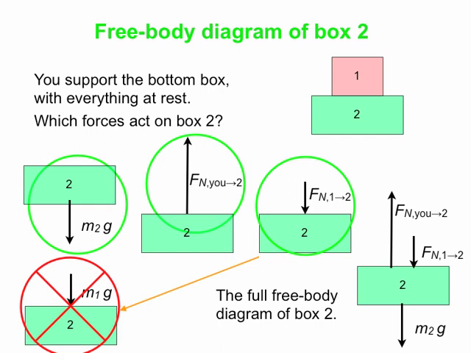Turns out that, again, the total upward force applied by you on box 2 balances the total of the two downward forces acting on 2. So the net force on 2 is 0. All the forces cancel out. That's consistent with box 2 remaining at rest. And we can also identify all the things that box 2 is interacting with, and we've got one force for each of those interactions.